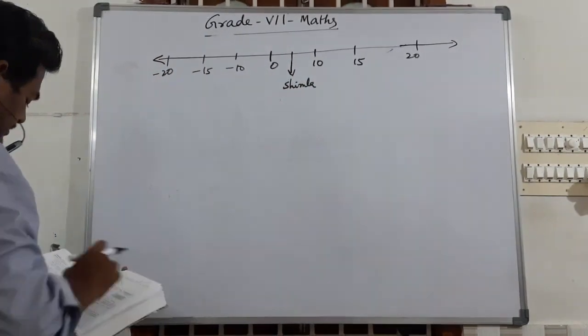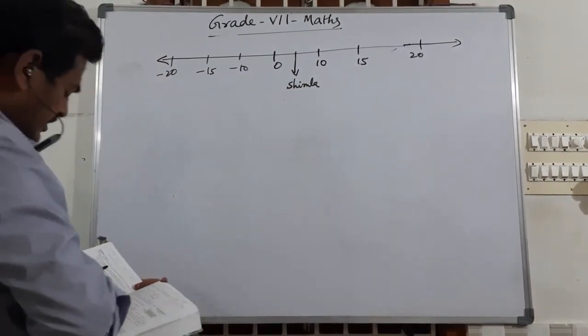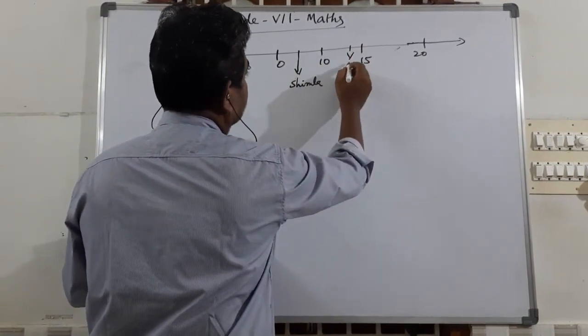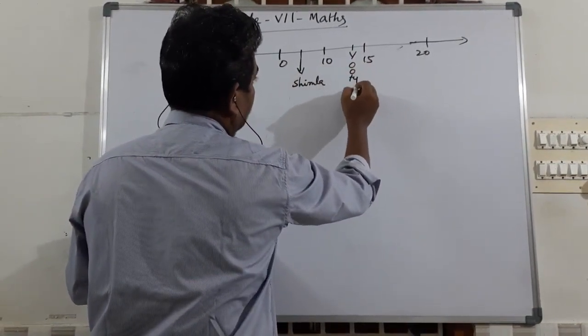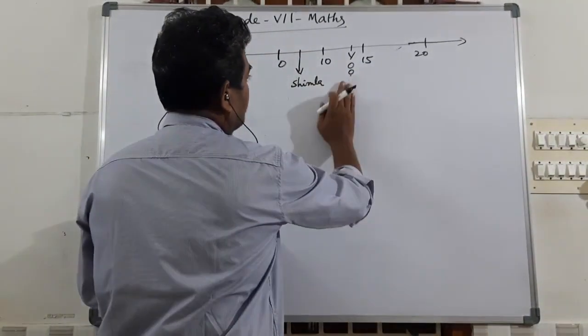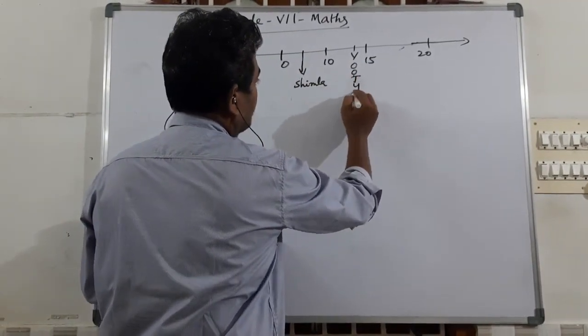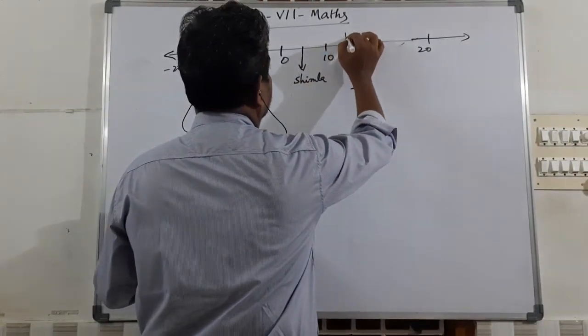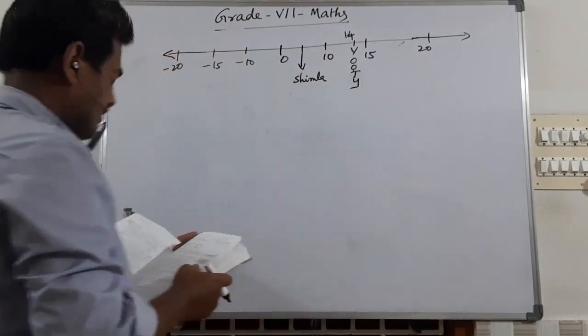And Ooty. Ooty is 14 degrees. This is Ooty, 14 degrees.